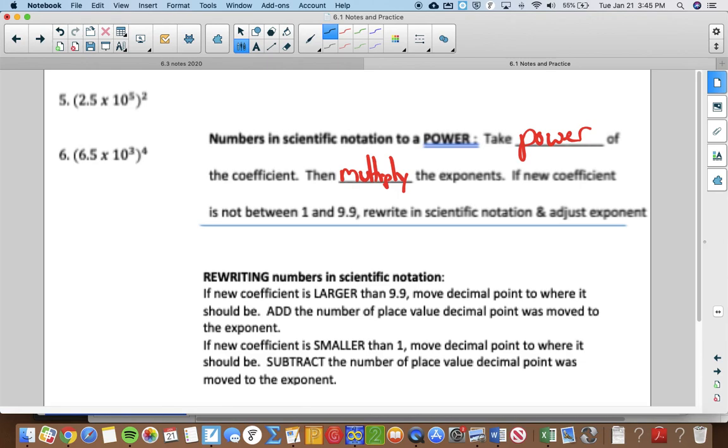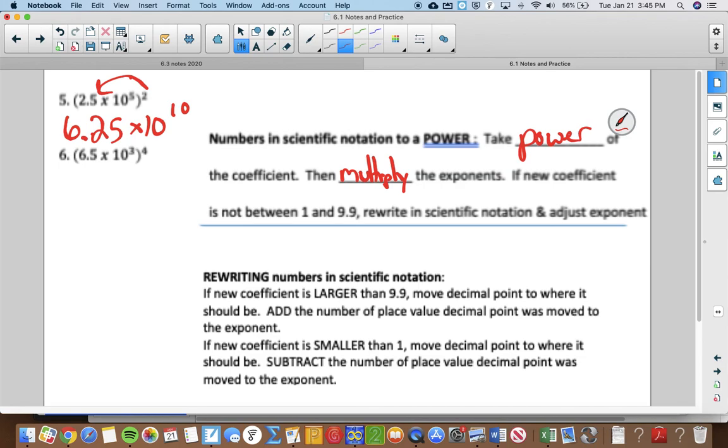So I'm taking 2.5 to the second power. 2.5 to the second power is 6.25. Times 10 to the, multiply your powers together, you get 10.